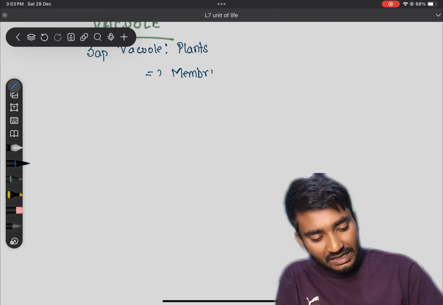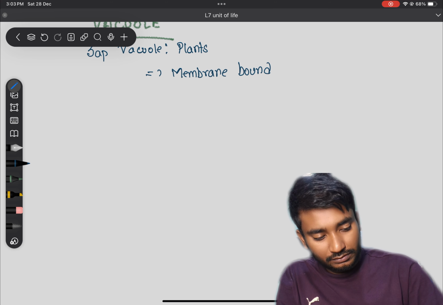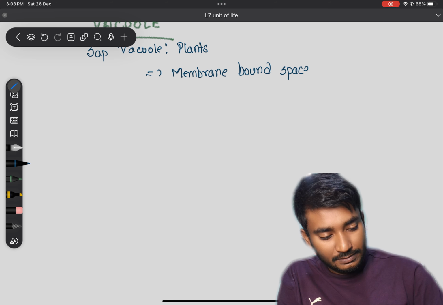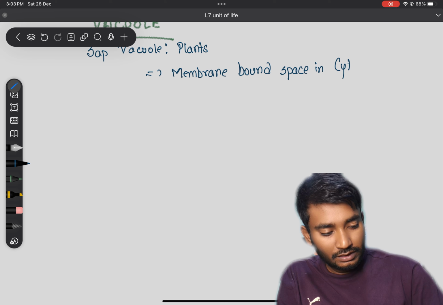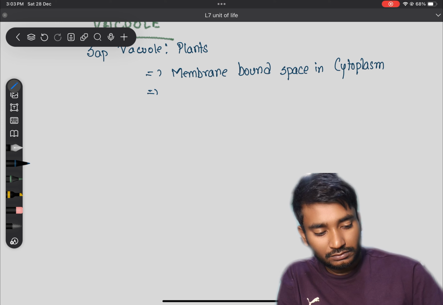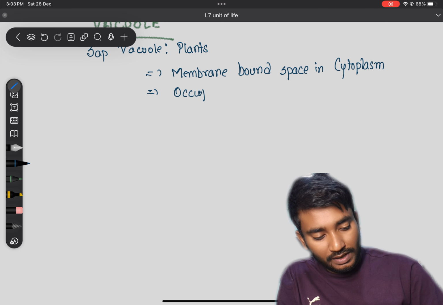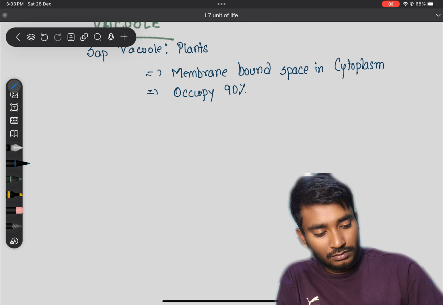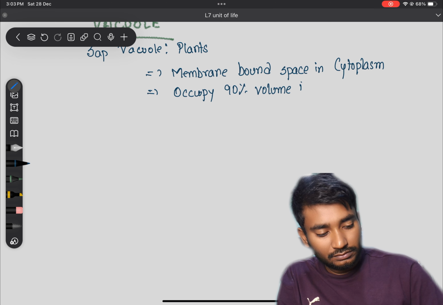It is a membrane-bound space in the cytoplasm. It occupies 90% of the volume in a plant cell.